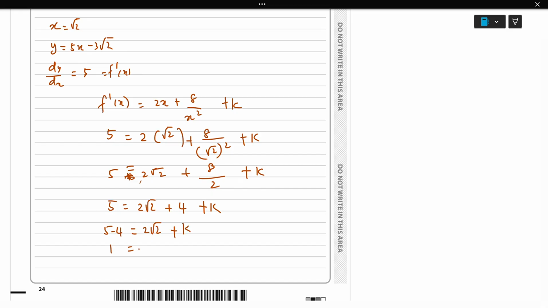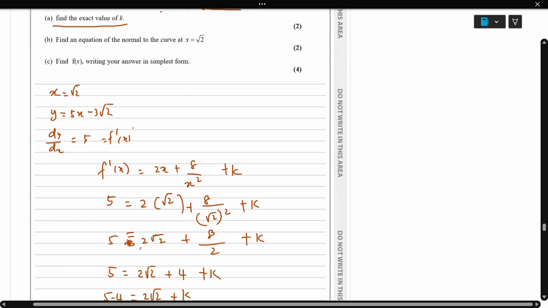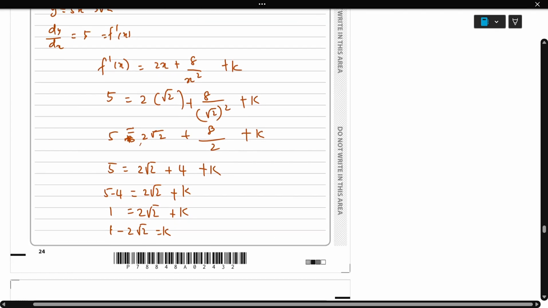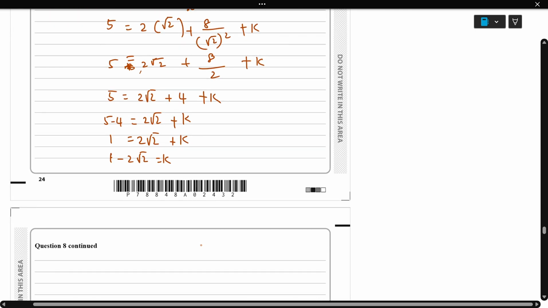Now 1 equals 2 root 2 plus k. Bring the 2 root 2 over, so 1 minus 2 root 2 equals k. So we got the k value and our first question is done. The exact value of k is 1 minus 2 root 2. This is our first answer.